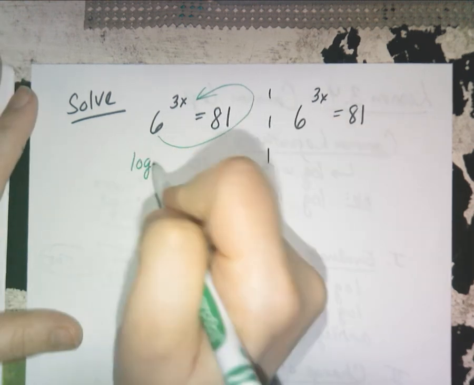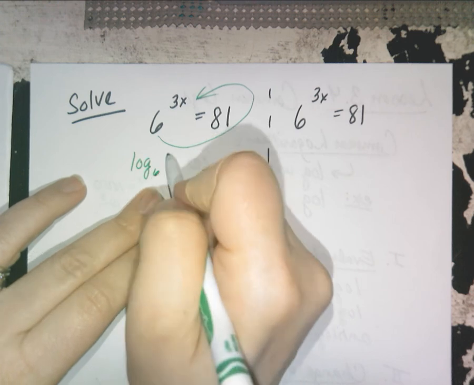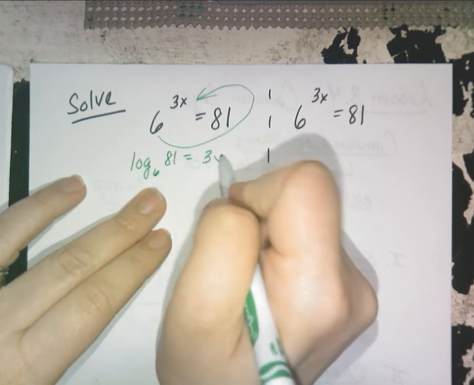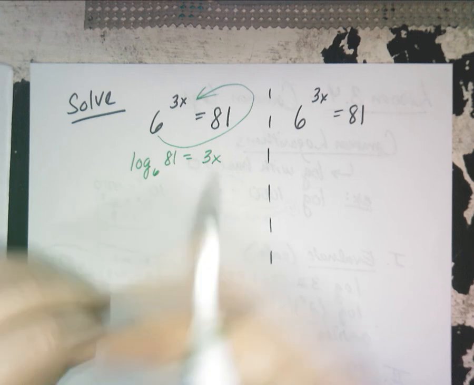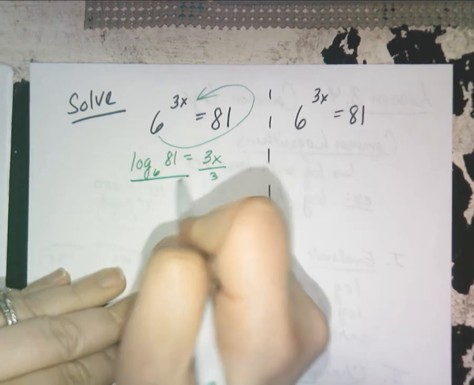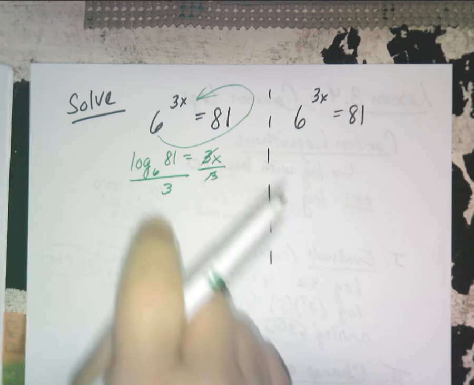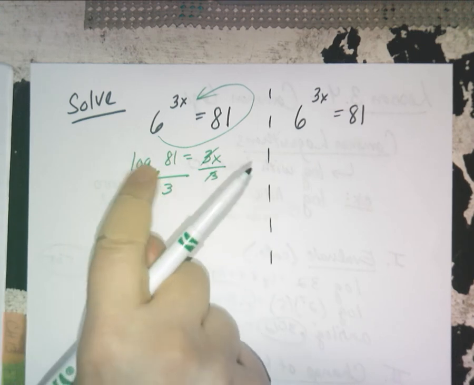Log base 6 of 81 equals 3x, right? And then how do you get x by itself? Divide by 3. Okay? And now your calculator is so fancy that it can do this part right here.